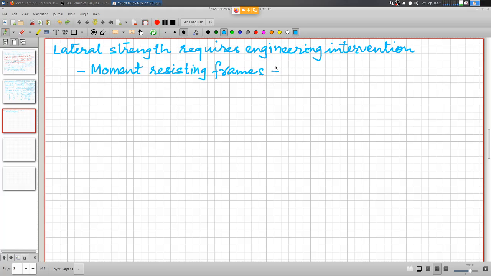You can have both RC or steel. So moment resisting frames you can construct either in reinforced concrete or in steel, or it can be some part reinforced concrete, some part steel, or it can be hollow steel sections filled with concrete, that is also possible, and so on. So there are various possibilities. And then the critical part here is connections.